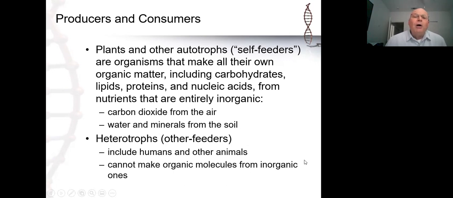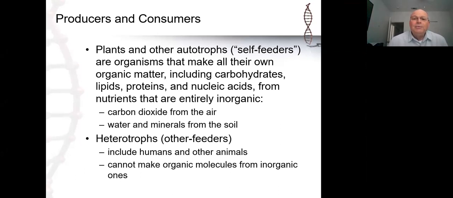So a lot of what we have to think about in terms of plants as autotrophs comes down to the fact that other than energy, the only thing that plants as photoautotrophs need is carbon dioxide and water. In terms of chemical intake, the only thing they really need is carbon dioxide and water. Using that and sunlight energy, they can make any type of food molecule, any type of organic molecule that they happen to need.